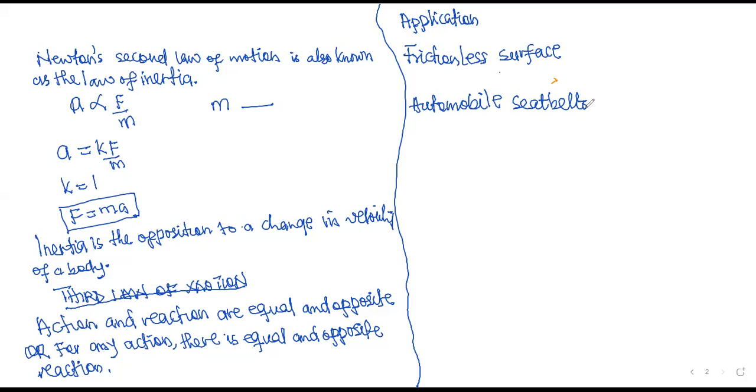The seat exerts a force on you to change your state, then you'll be in tune with the velocity of the car. As the car moves on, and then the driver applies the brake to stop it, the car will be stopping, but you will still be moving forward. That is the reason why in buses there is that receptacle which we can hold, because when the driver suddenly applies the brake to stop, you would still be moving forward.